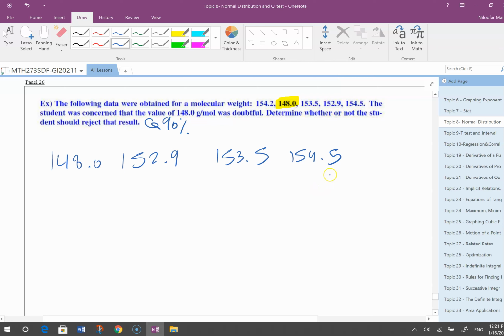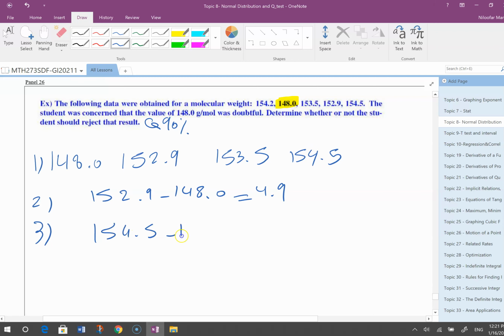Yes. So then I find the difference. I find 152.9 minus 148, which is 4.9. Then I find 154.5 minus 148, which is the range, maximum minus minimum.